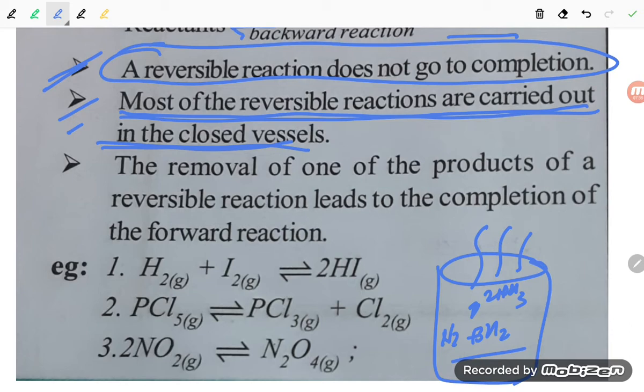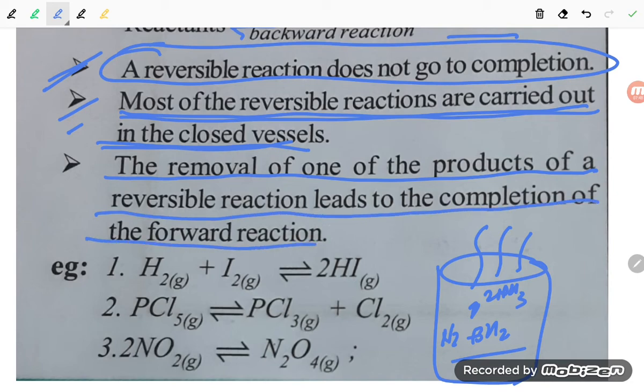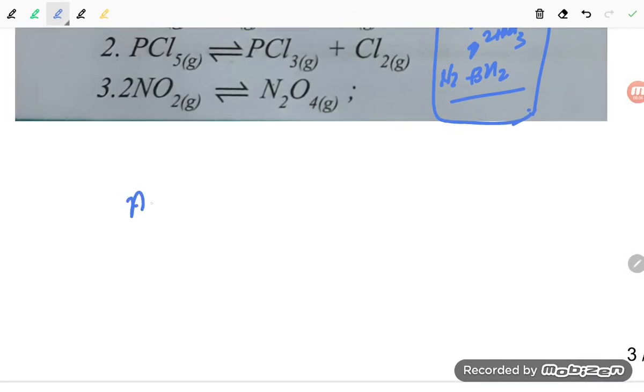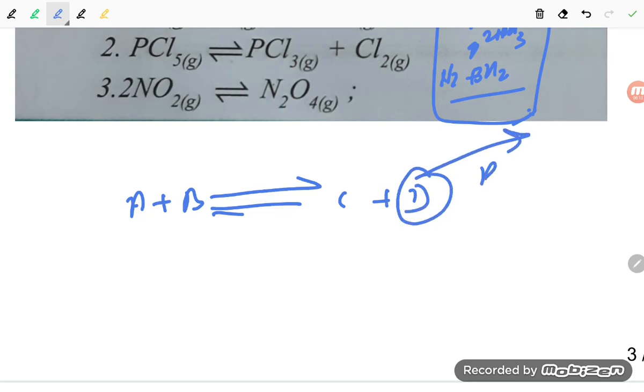Now the next point they are saying: the removal of one of the products of a reversible reaction leads to completion of the forward reaction. Suppose we are having A plus B giving C plus D. If you are removing one product, the forward reaction will take place.